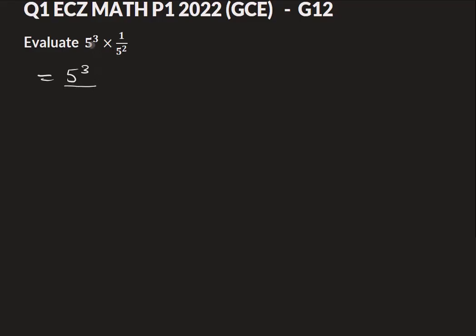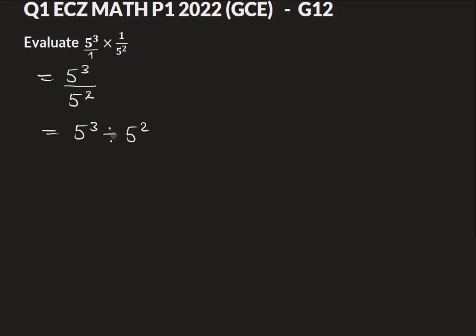We multiply the 5 to the power 3 multiplied by 1 over 5 to the power 2. We consider that we have a 1 in the denominator, so that when we multiply, we get to 5 to the power 3 divided by 5 to the power 2. Now we can use the property for indices when we have division.